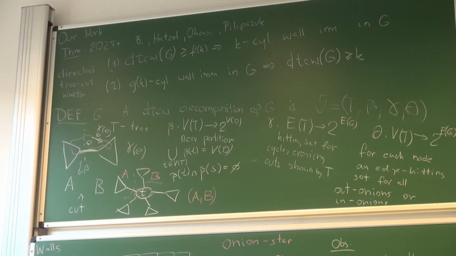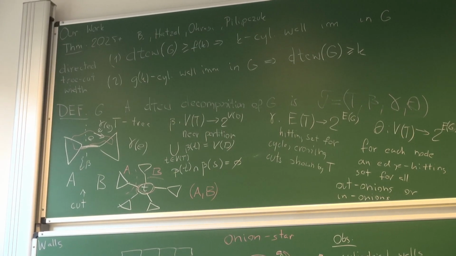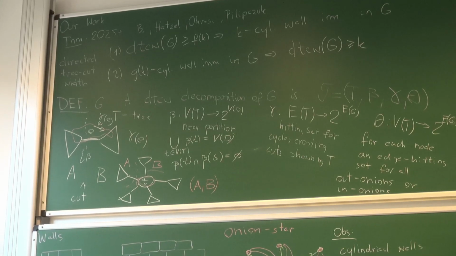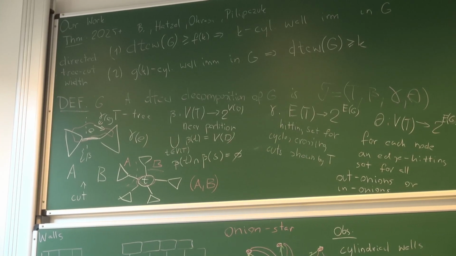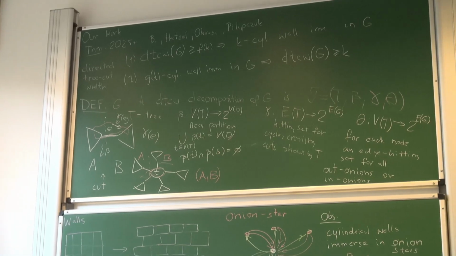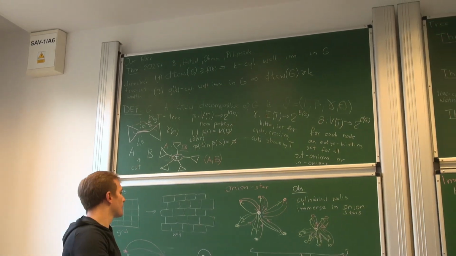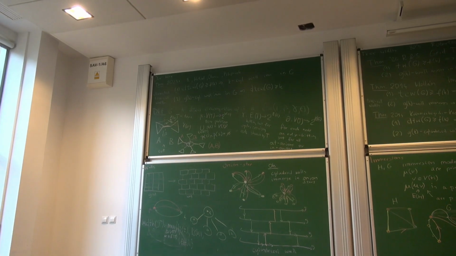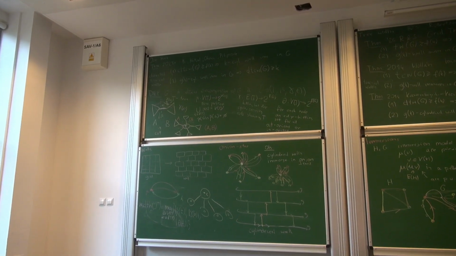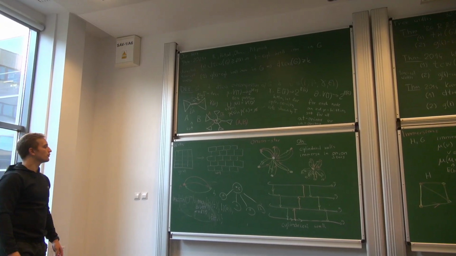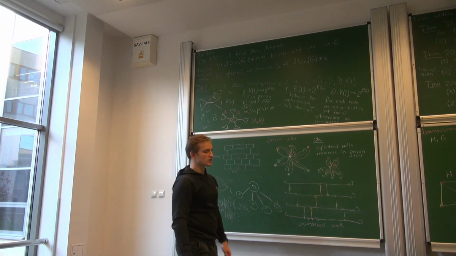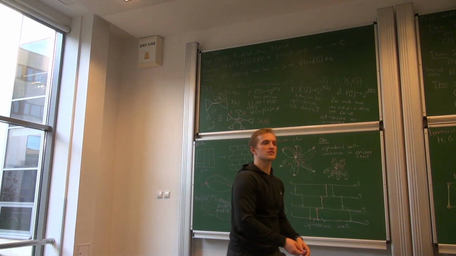Do you have a simple example why the width could be large, but just because of this gamma E and not because of the rest? Or it's hard to explain? Yeah, I think if you allow multigraphs, then it's easy.